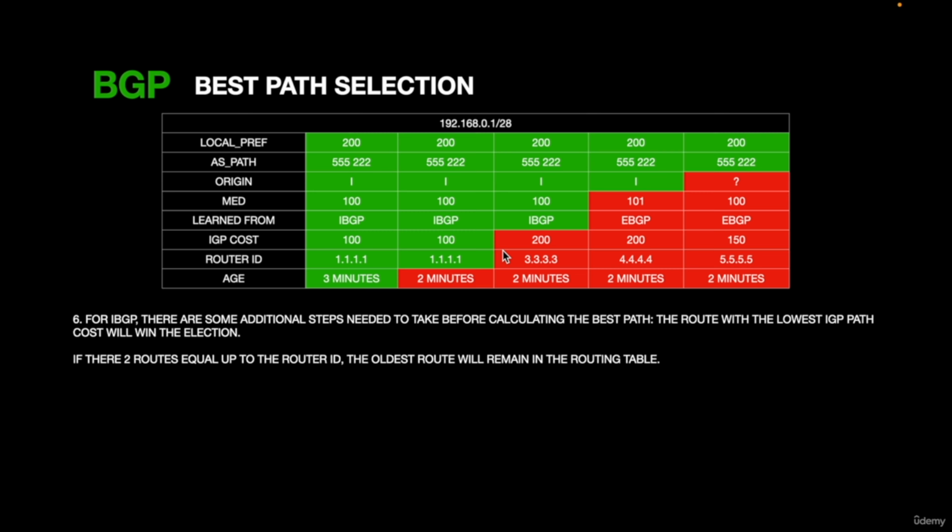We can have some cases when the router ID from where the route was learned is the same. So as the next tiebreaker for iBGP, the oldest route will always win. So in our case this was the oldest route, and it was chosen as the best route.